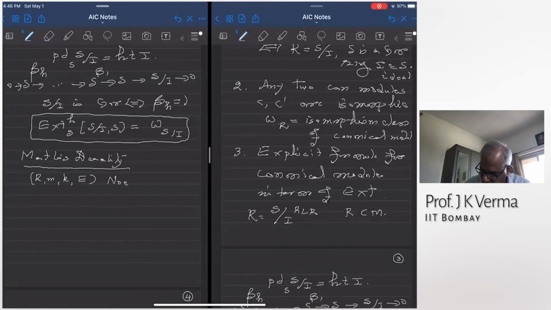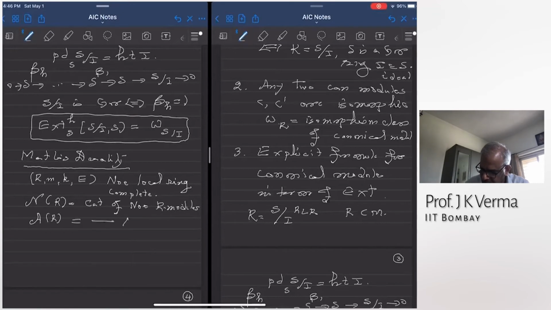So this is a Noetherian local ring, where E is the injective hull, and suppose this is complete also. There is a statement for non-complete local rings. One can easily write it. Okay, so N(R) denotes the category of Noetherian R modules, and A(R) denotes the category of Artinian R modules.